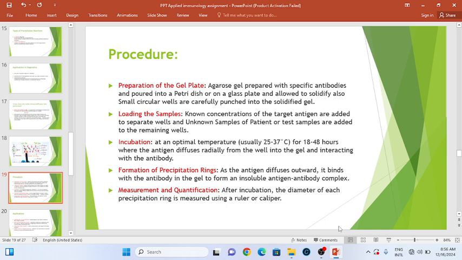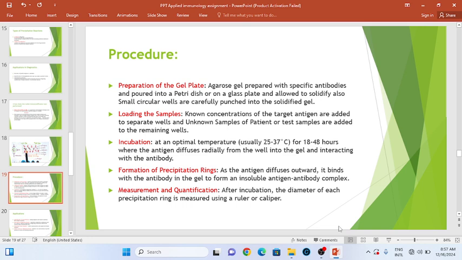Here it will be incubated at an optimum temperature, which is 25 to 37 degrees for 18 to 48 hours, where antigen diffuses radially from the well into the gel and interacts with the antibody coated in the gel.